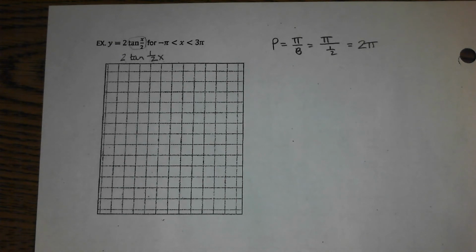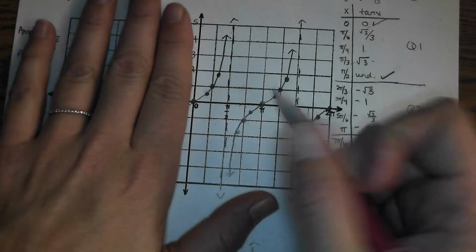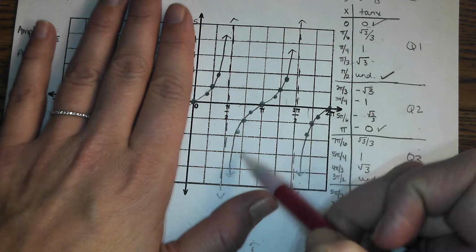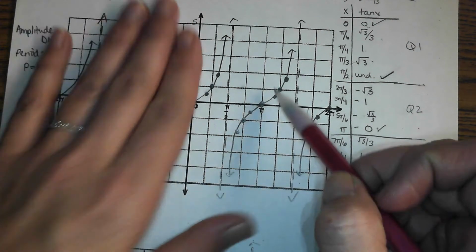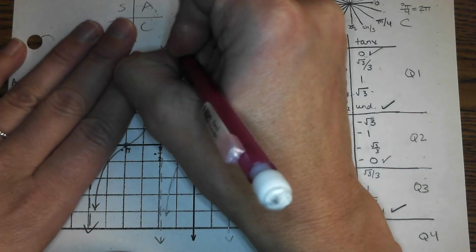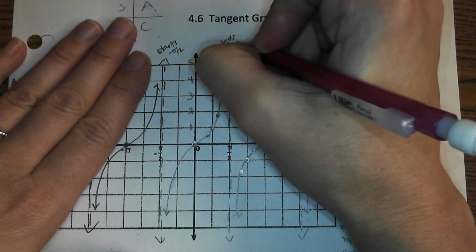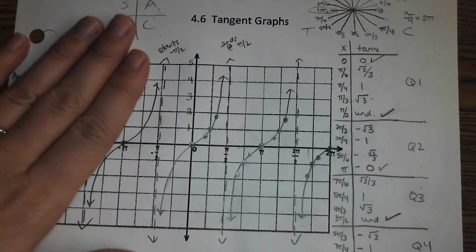Okay? So if you think about tangent a little bit differently, it's hard to think of your cycle starting at 0 and ending at pi because it kind of splits it up. So if you think of in a parent graph, it starts at negative pi over 2 and it ends at positive pi over 2.